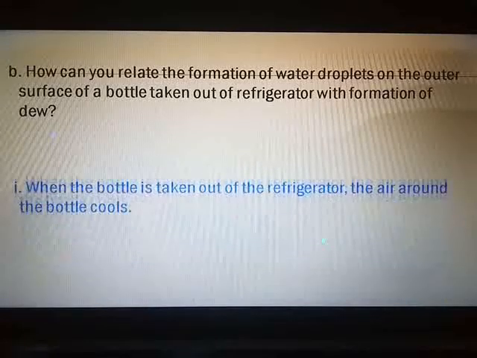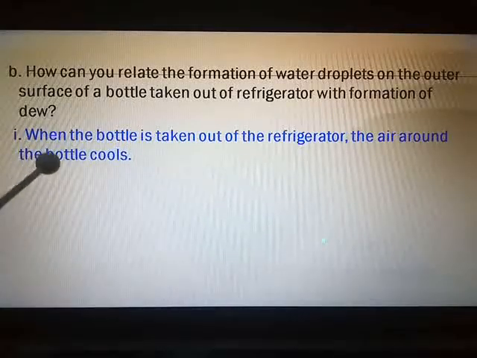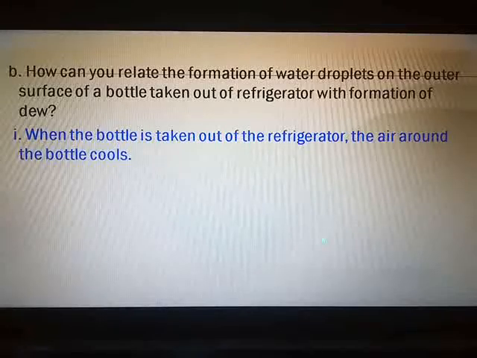Your first point is, when the bottle is taken out of the refrigerator, the air around the bottle cools. If you just take a cold bottle and keep it out, and without touching it, just move your hands near the bottle, you will feel the atmosphere there is cooler than the normal temperature.